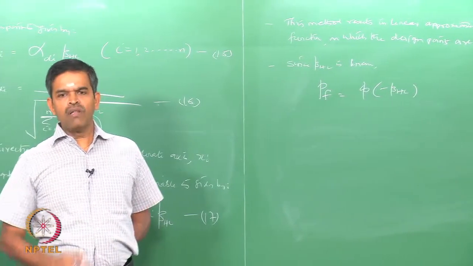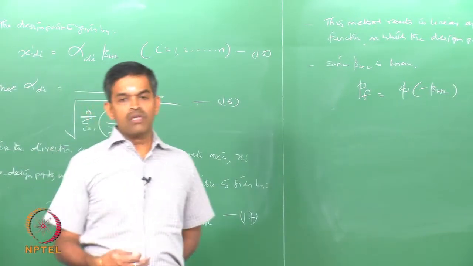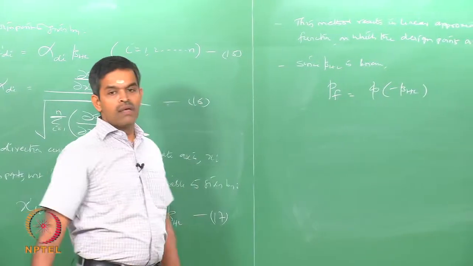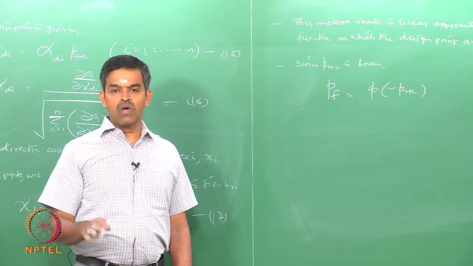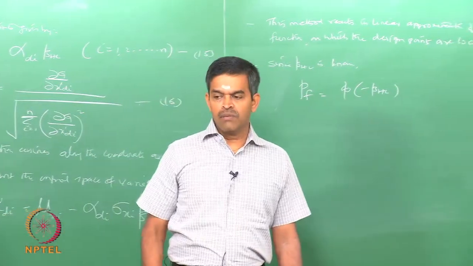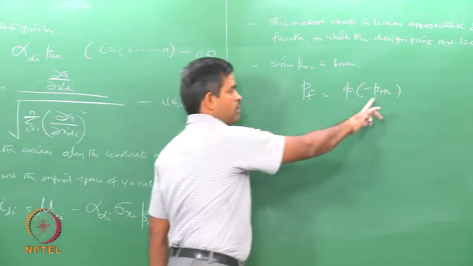Now, if all the variables are not normally distributed, then it is more difficult to relate to the exact probability of failure. This is true only when the variables are normally distributed. If the variables are not normally distributed, then it becomes more problematic to estimate the probability of failure even though you know beta HL.